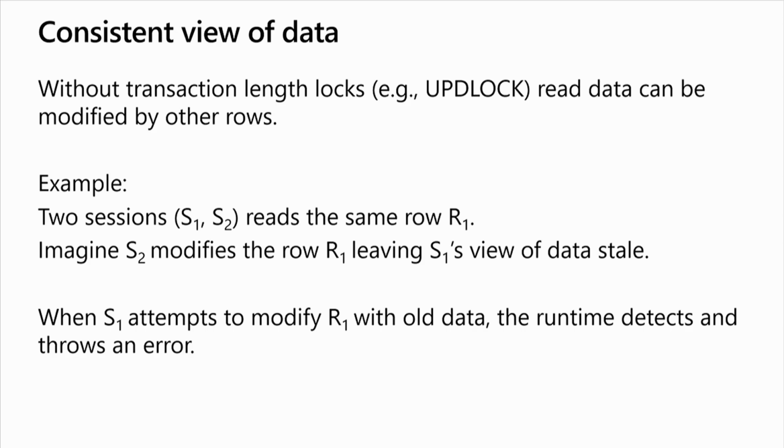Now, let's take this example that I've given here, where you have two sessions trying to modify. The problem here will be that session 2 will come later and try to modify, but it has a stale view of the data. Here, the server will detect that situation and throw an exception because you're now trying to overwrite data and you had an old view of the data. So it's a decision we made, and I think that's a reasonable decision.